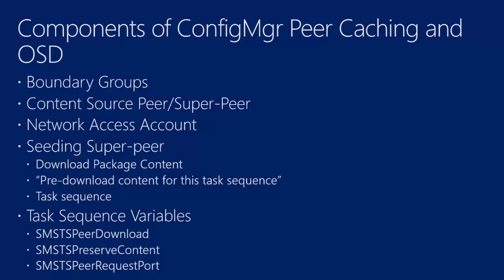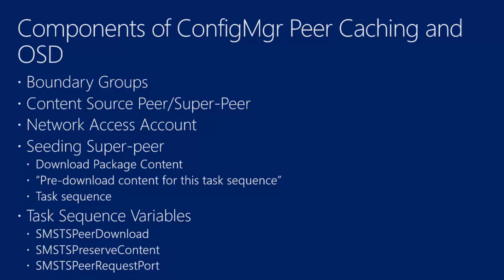That's just the way that ConfigMgr is designed. Same thing is true for task sequencing, except now we have this pre-download content for this task sequence, which means as soon as the policy arrives for a given task sequence, then we will look, with this option enabled, inside the task sequence and begin to download any content.